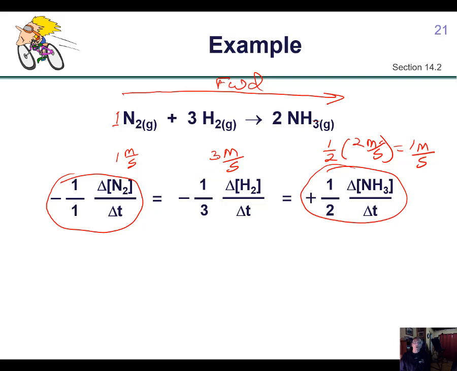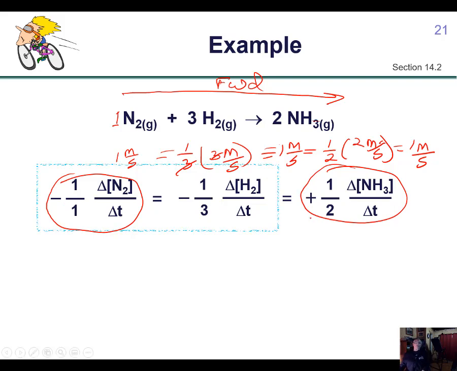Now, all we have to do is multiply that times 1/3. The 3's will cancel. We'll wind up with 1 molar per second. All these rates are now equal to each other utilizing this little piece of technology. Okay? All right, so let's see if we can't make some sense of this.